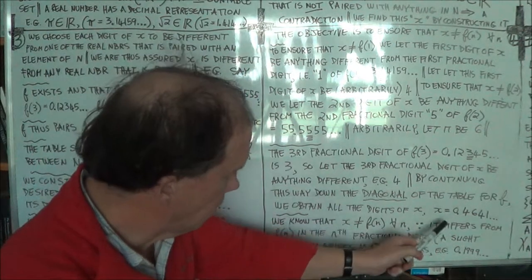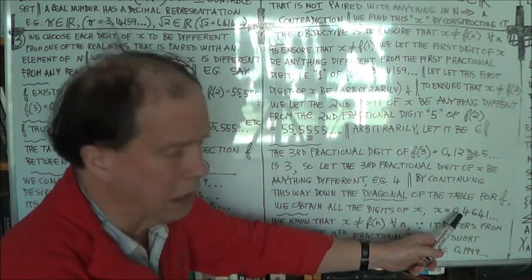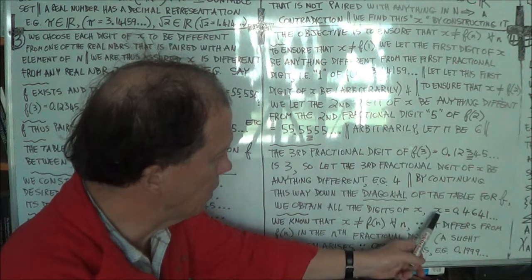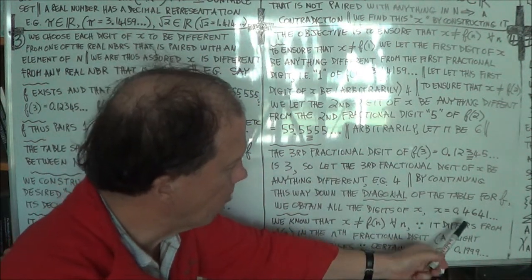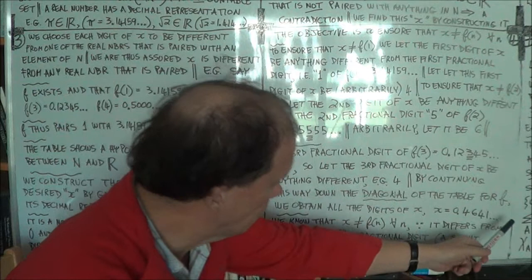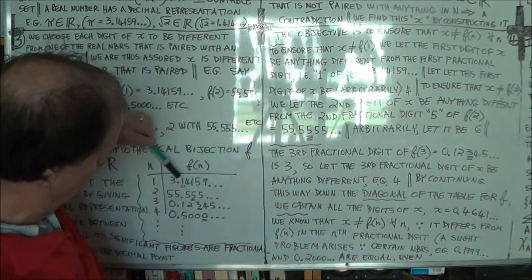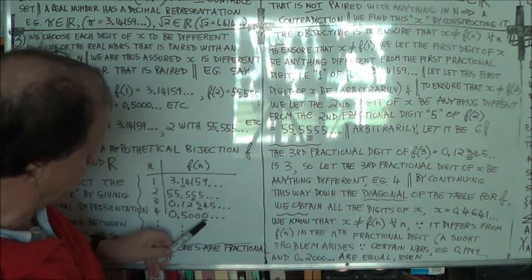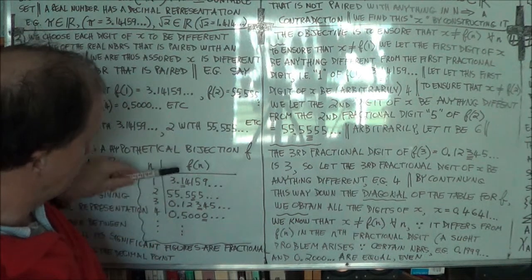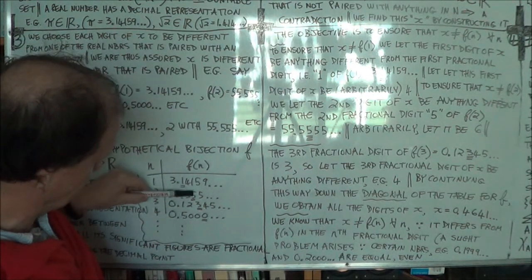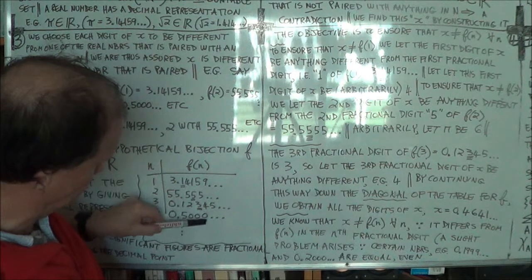So here's our growing, increasingly specified, if you like, our little x, this real number we're constructing. So 4.641... and you just keep going down the diagonal. I put these sort of double bars under here. That was the first decimal digit, that was the second, that was the third, that was the fourth, and so on.